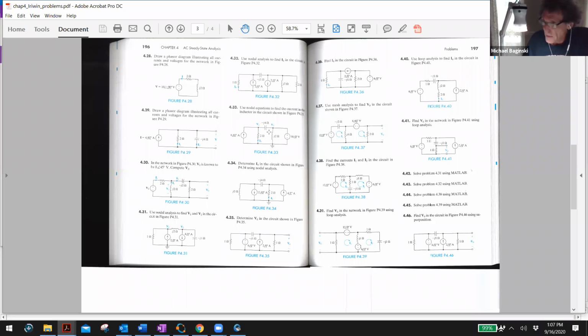All right, for problem 33, they want nodal equations, and I'm going to draw this in here. So I have a current source of 6 at an angle of 45 degrees. This is a good one too. And then I have a resistor, and that resistor is 2 ohms. I'll blow this up a little.